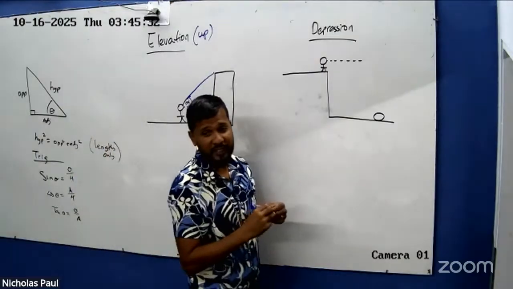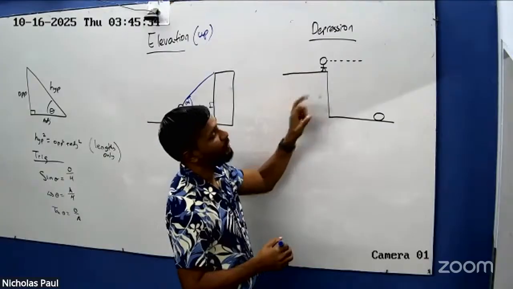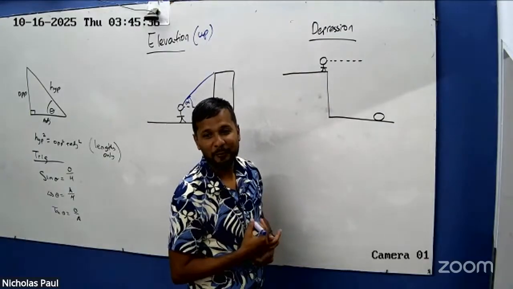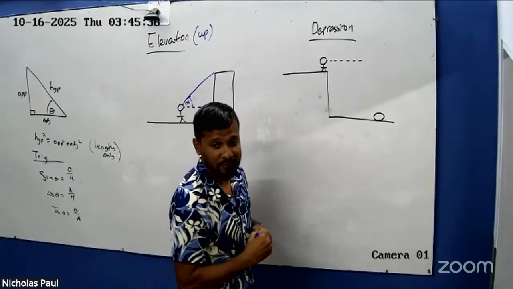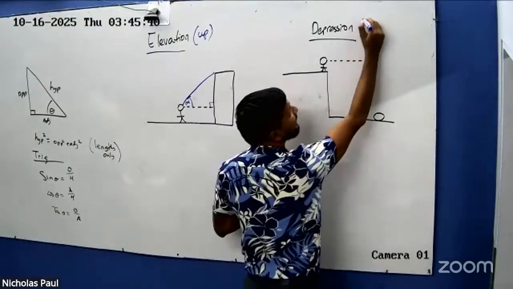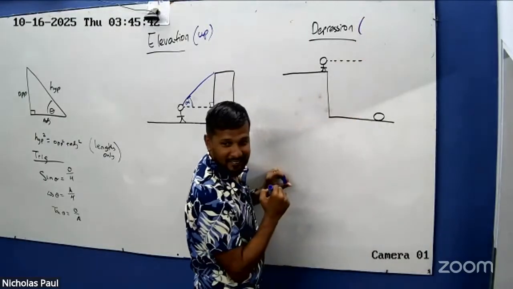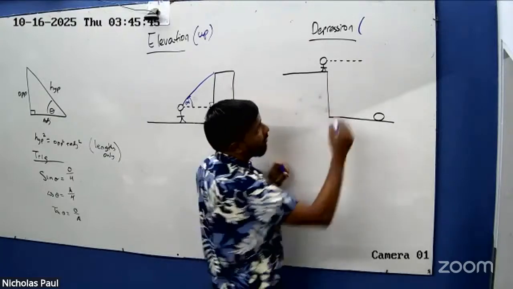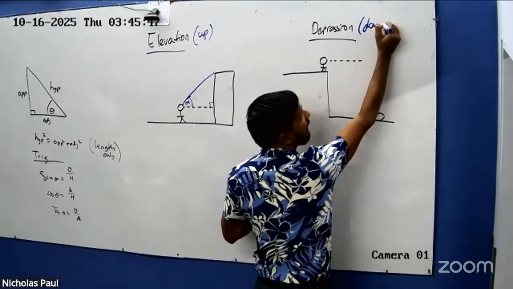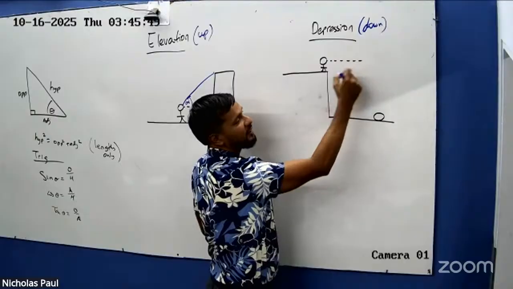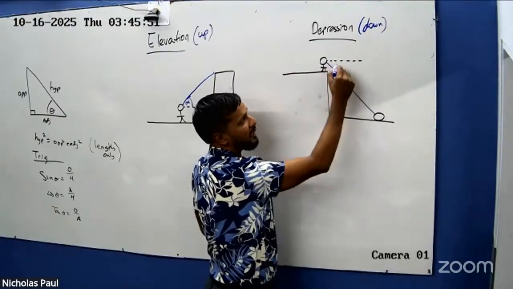What do you think the question is? Looking what? Looking down, right? So if this is your horizontal, looking down would be like that.